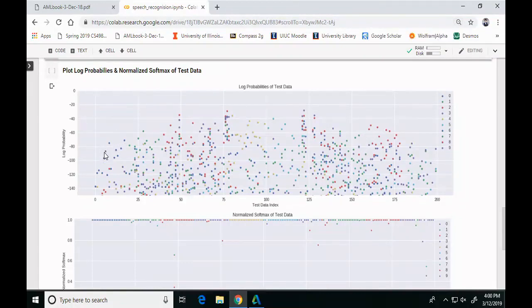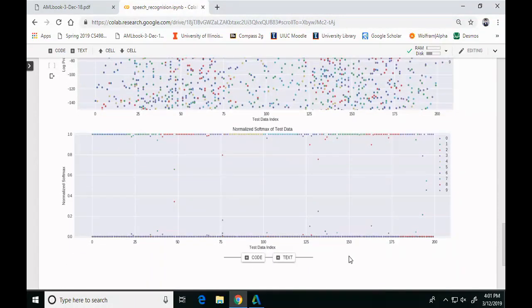You can see the blue dots represent the probability of it being a 0, the green dots the probability of it being 1, and so on. We talked a while ago about doing softmax to normalize a bunch of probabilities. Basically, you take the exponential of your prediction over the sum of the exponentials of all the different predicted values, and you get a normalized value.